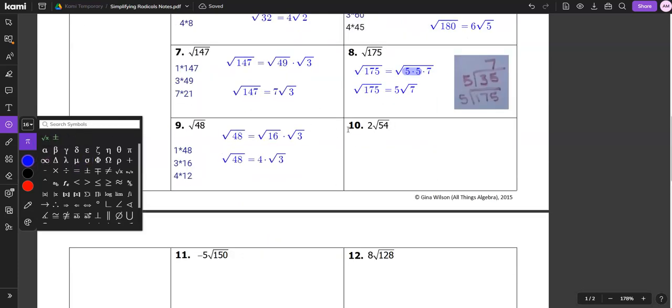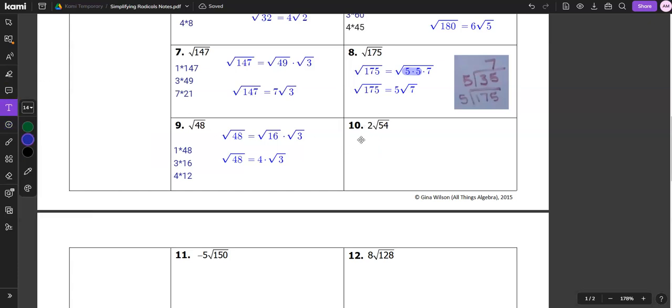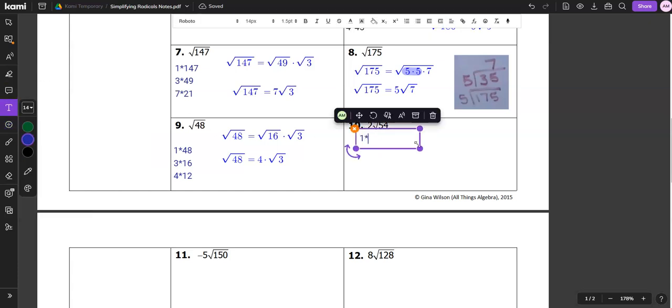Okay. Up next, we want the factors of 54. You're always going to factor what's under the radical, the radicand. So 1 times 54, 2 times 27, 3 times 18.